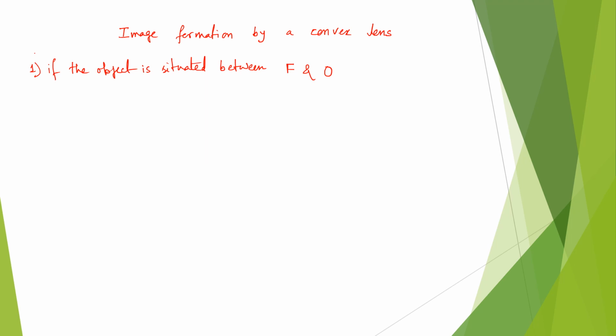Now, this is the lens, principal axis, optical center. Suppose this is the F.